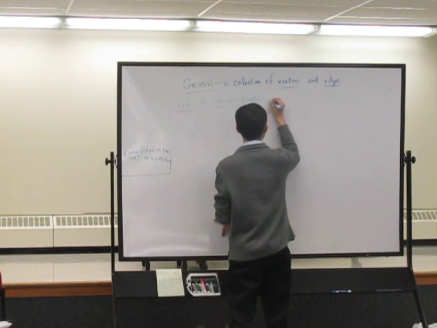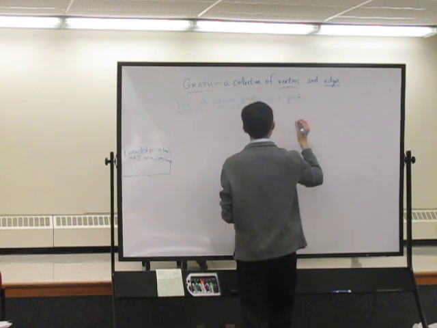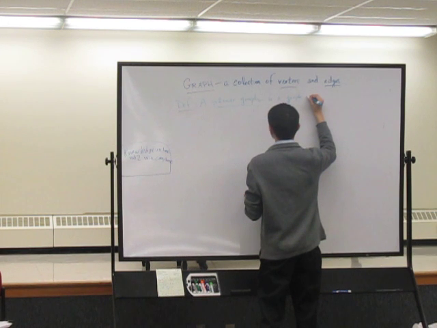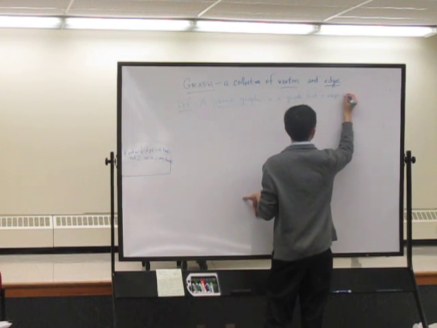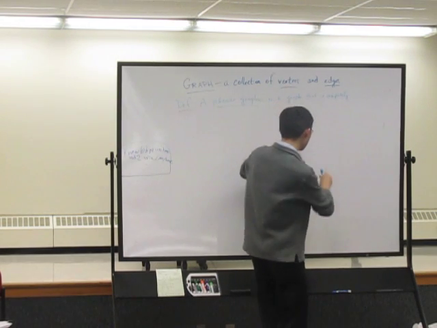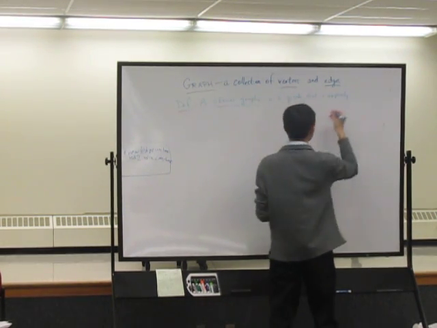A planar graph is a graph that is connected, that is completely connected. Completely connected means that there are no random vertices off by themselves, or no two distinct parts of the graph that aren't connected by edges. Everything is connected.